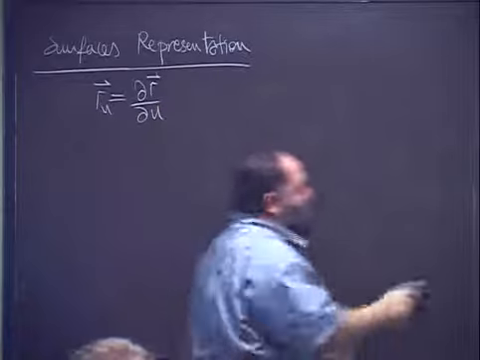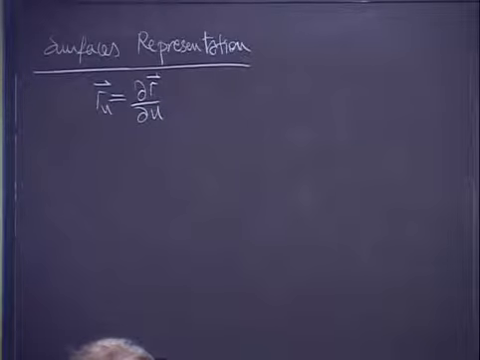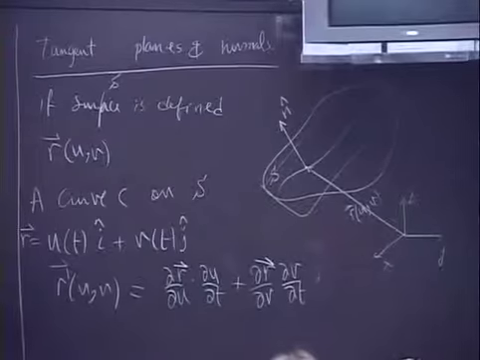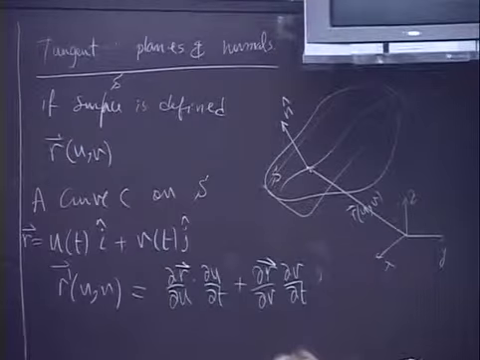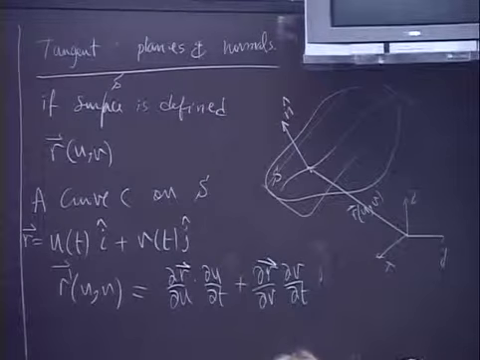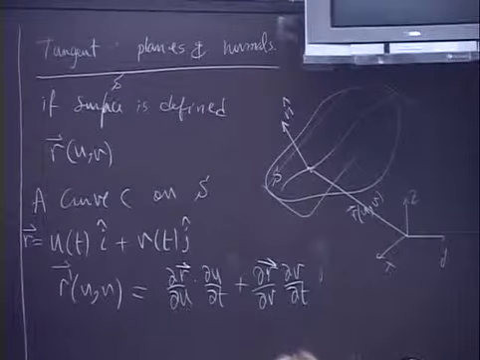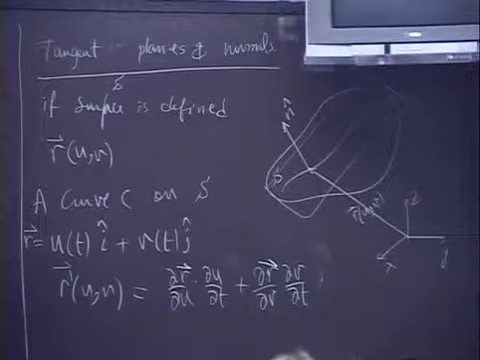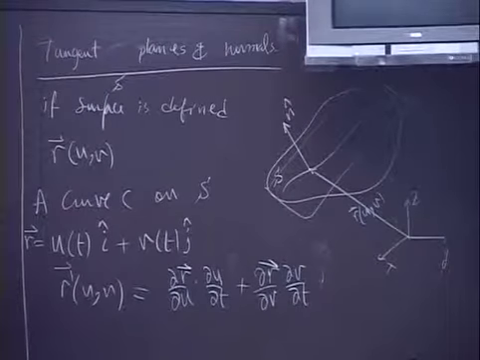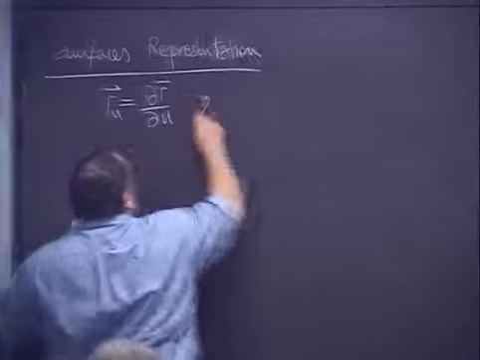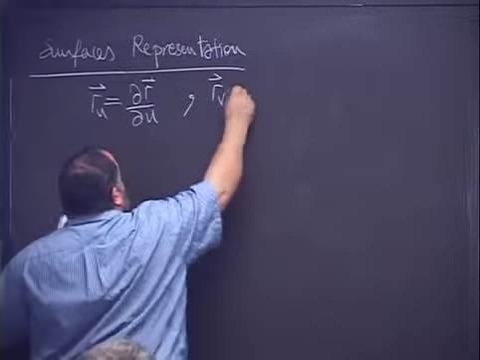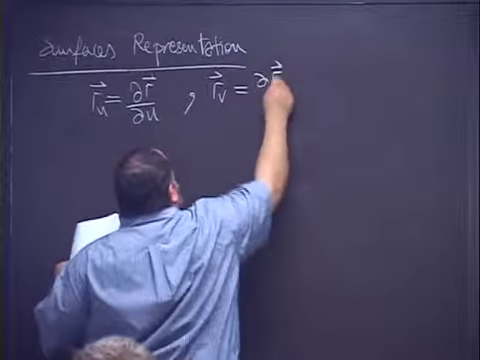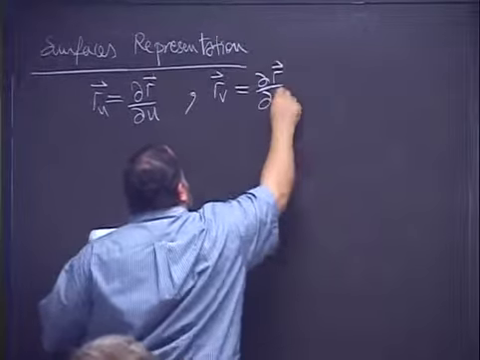Okay, there is something here. There is no i and j, sorry. This is just the vector r. Did you understand? I removed the i and j and I'm just differentiating the vector r. And r sub v is just d vector r by dv.